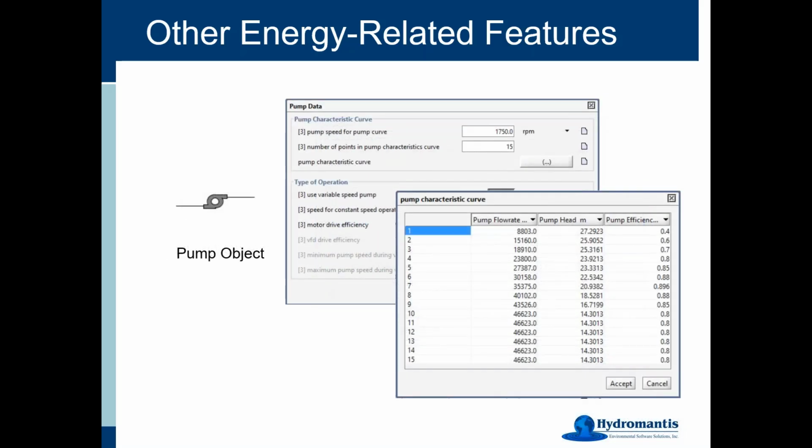And lastly, I also mentioned our pump object. This is an inline pump object that you can put in your model anywhere that you like. It has no effect on the concentrations. It's really there, again, to just model the energy usage in more detail than we would before. So I mentioned way back at the beginning of the webinar today that this is a very simple approach that we've taken for a lot of the pumping.